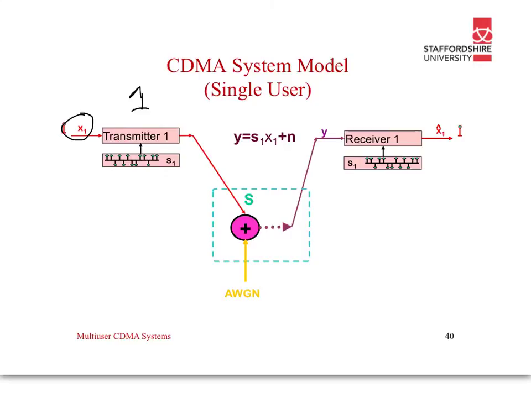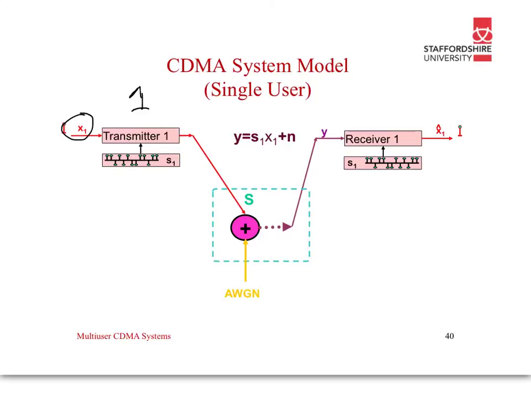Sometimes we can have the reverse, and 1 can represent a 0 bit, and minus 1 represents a 1 bit. As long as the transmitter and the receiver are both aware of what voltage level represents a 0 bit and what voltage level represents a 1 bit, then the signal should be received correctly.